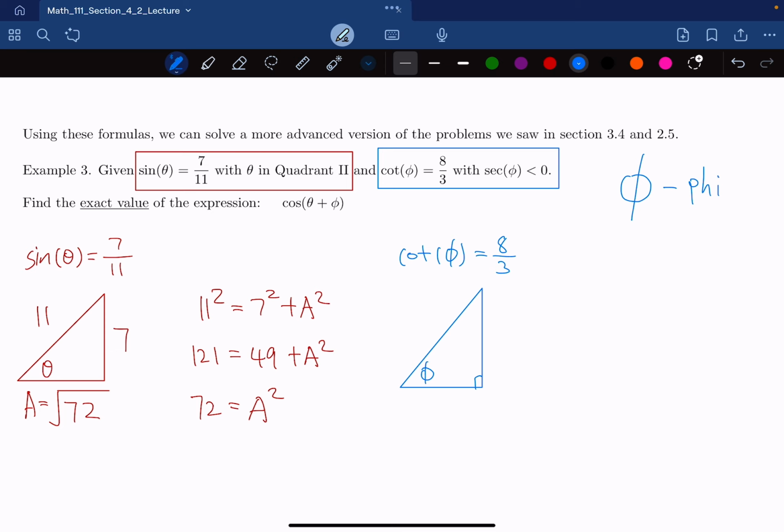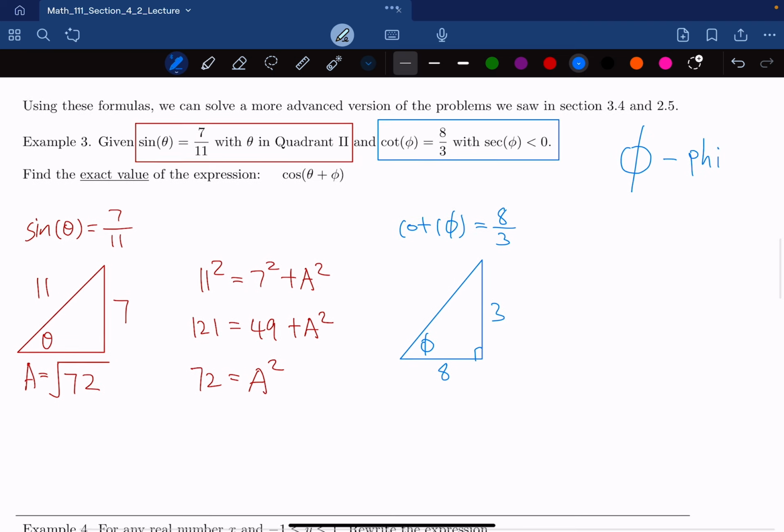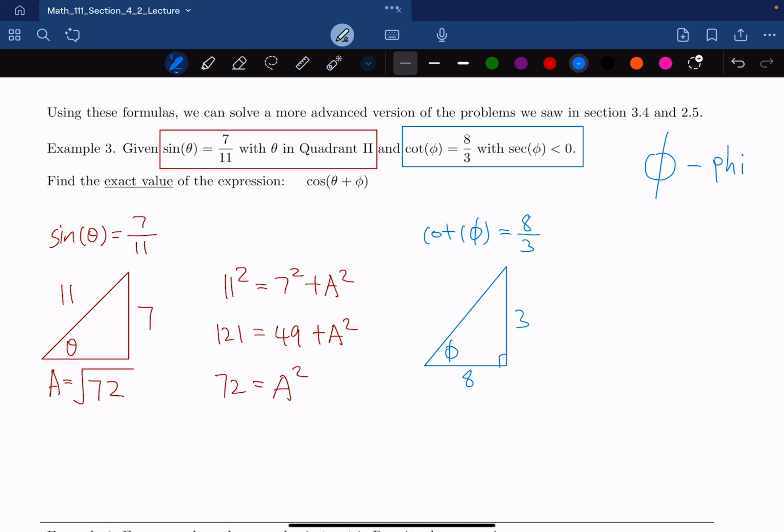Cotangent is adjacent over opposite, so adjacent is 8, opposite is 3, and we can probably do this directly here. The hypotenuse is going to be the square root of a squared plus 3 squared. 8 squared is 64, 3 squared is 9, so added together is 73.